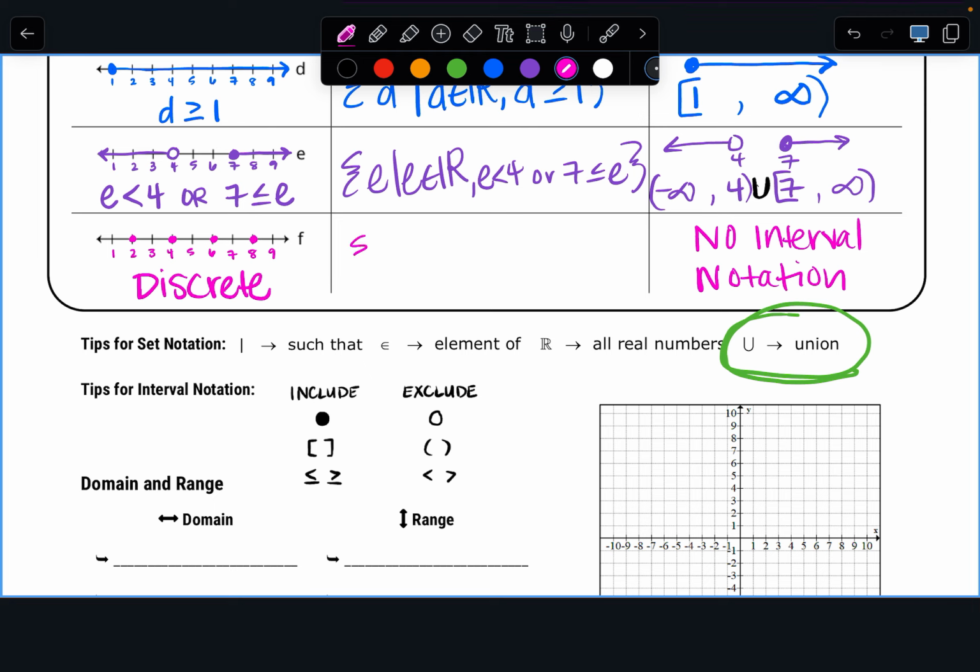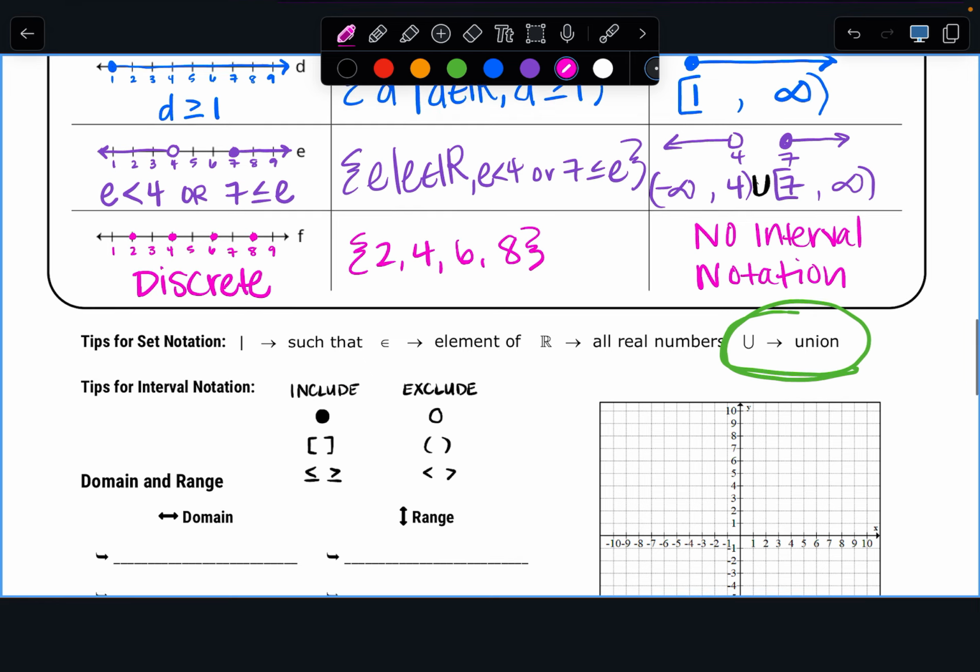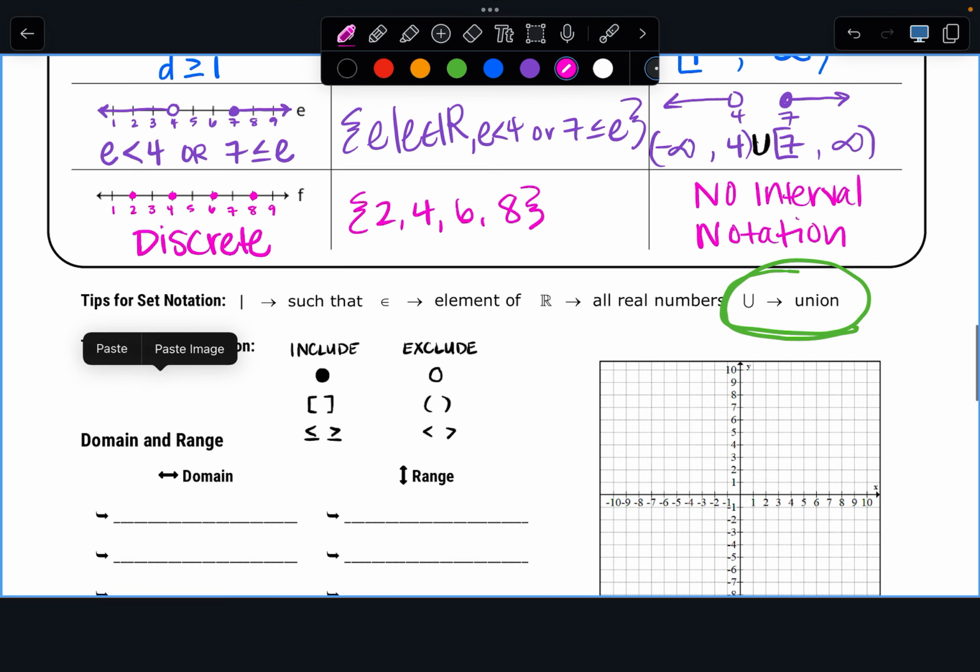The way we list this is you just list the values that you have. And this is only if it's points. If you have any lines connecting your graphs together or your points together, you will have set notation. You will have interval notation. But if you just have a bunch of dots on a number line, a bunch of dots on a graph, we call it roster notation technically, but it's a form of set notation.